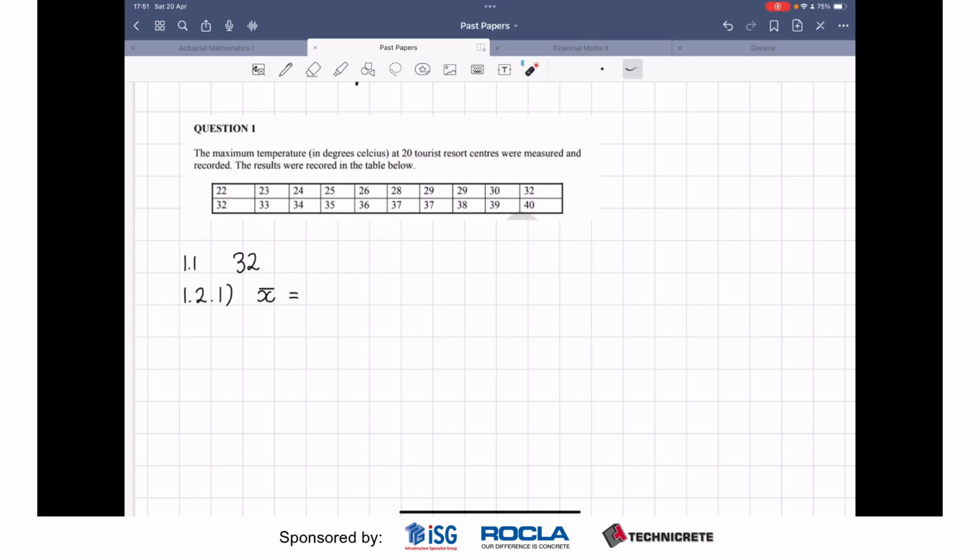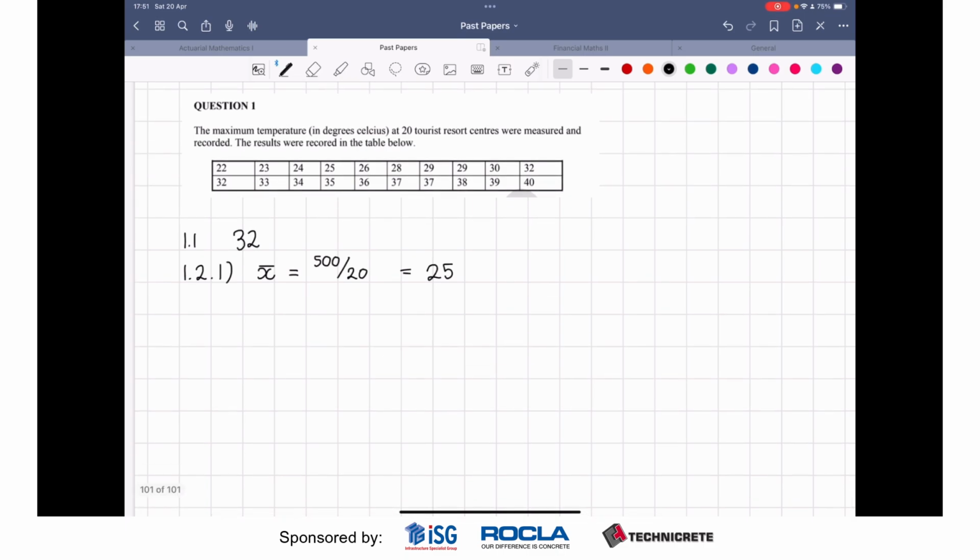So when we add all of these numbers up, we get the sum to be 500, and that's divided by 20. So x bar is 25. Then the next question, we're asked to find the range of the data.